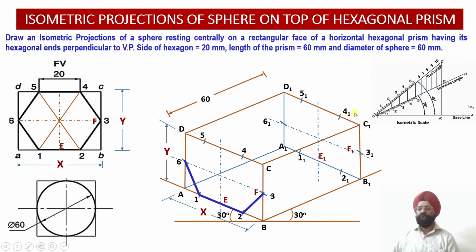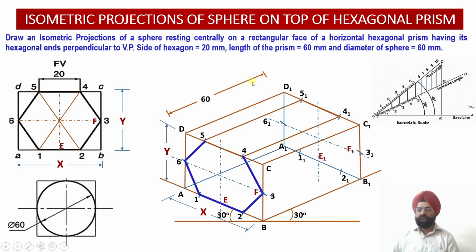Once again, as usual, we have joined those edges dark which are visible to the observer, but there is an exception because of the edges 1, 2, 3 and 4. These 4 edges should have been drawn dark, but they have not been drawn dark in the first instance because we have to locate a sphere centrally on top of this rectangular face. So on the top of this rectangular face, we have to locate a sphere.